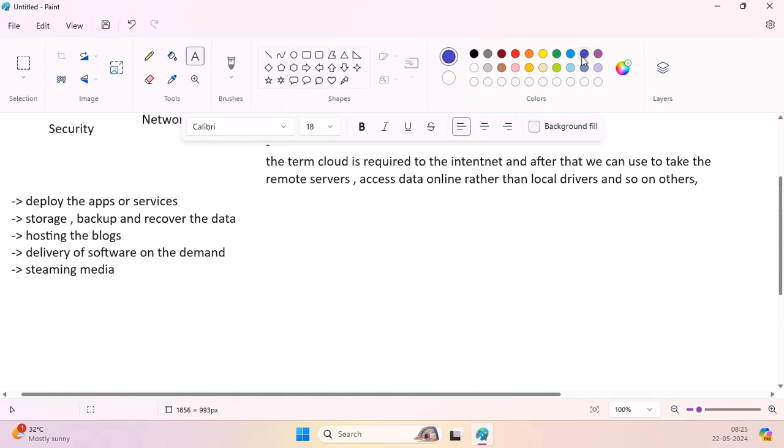Now let's take a look, why do we need to use cloud computing?